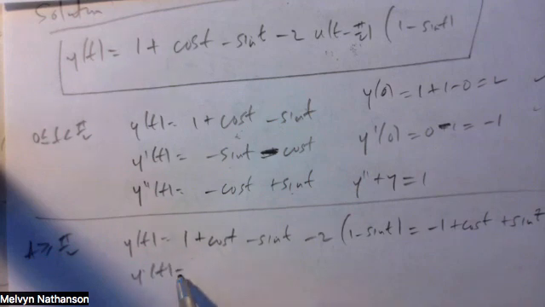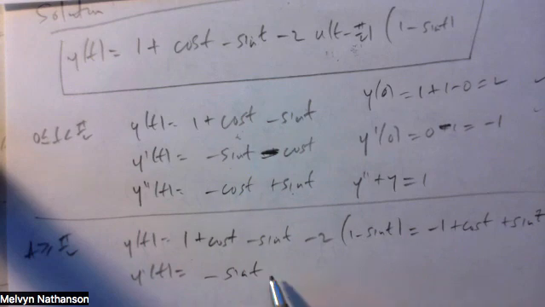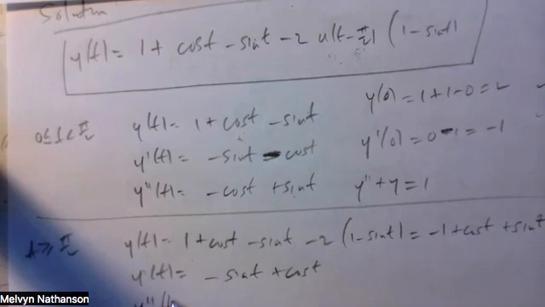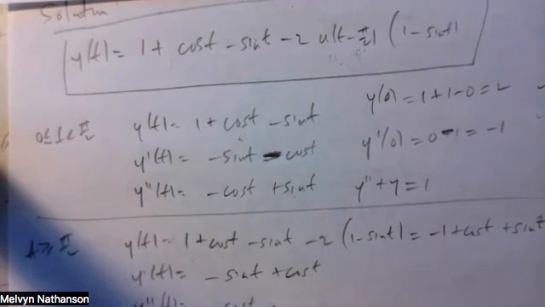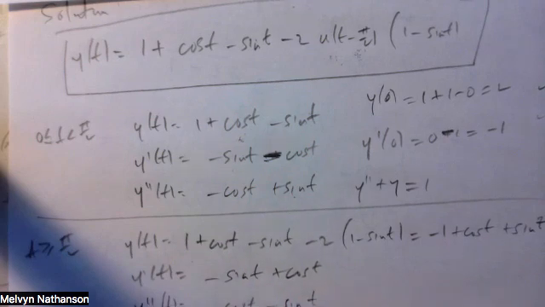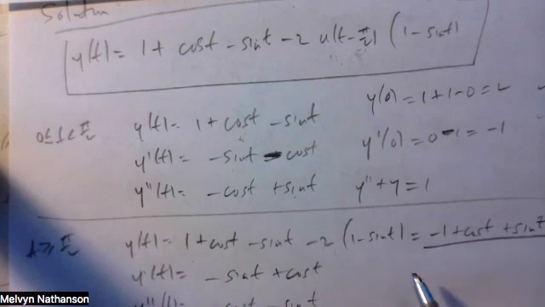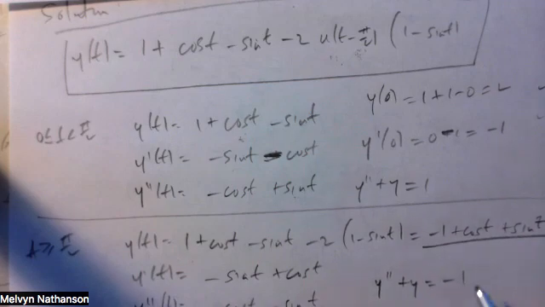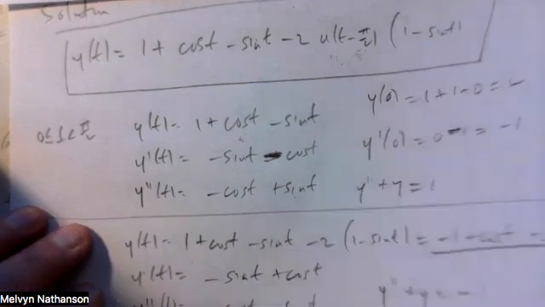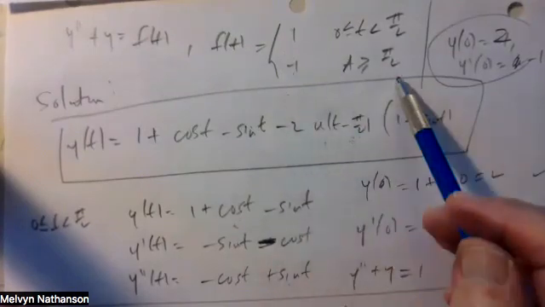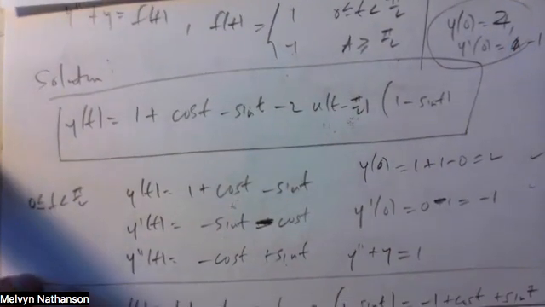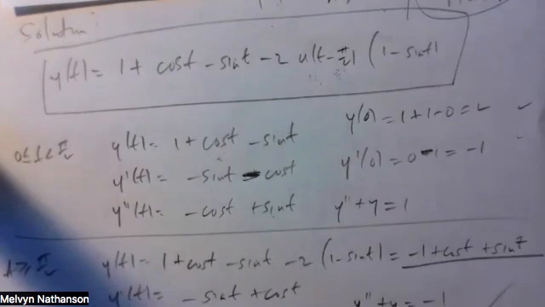And y prime of t is therefore minus sine t plus cosine t, and y double prime of t is equal to minus cosine t minus sine t. So if I add y double prime and y, I get minus 1, and that's what f of t is for t greater than or equal to pi over 2. So everything checks.